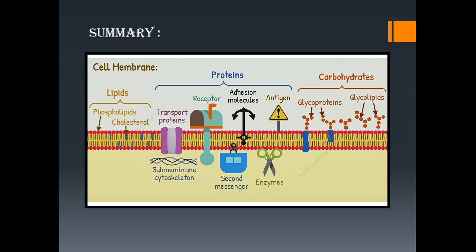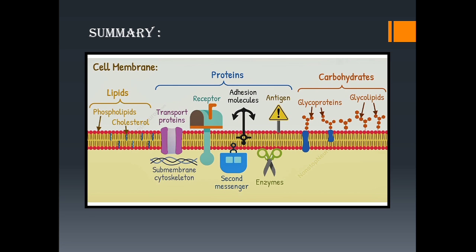Antigen means something which produces an immune response, which helps to fight against pathogens and unwanted harmful materials. So it works like an antigen also, and it also works like a submembrane cytoskeleton. That means it maintains the structural integrity and gives additional support to the plasma membrane. It also works like secondary messengers, which help in the immune response.